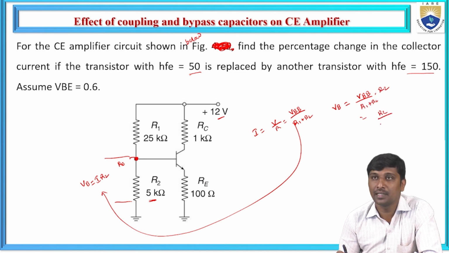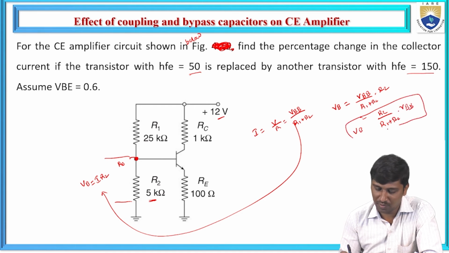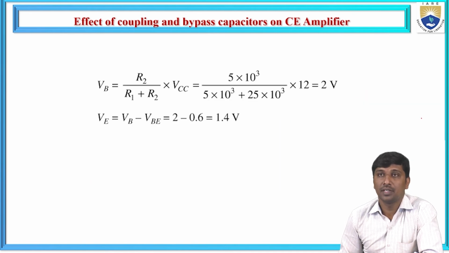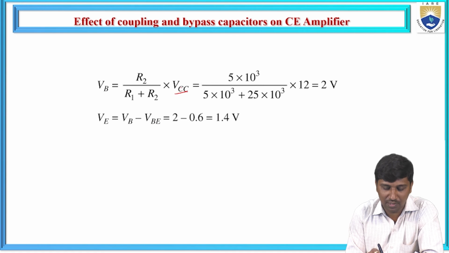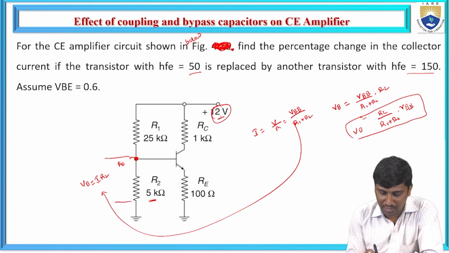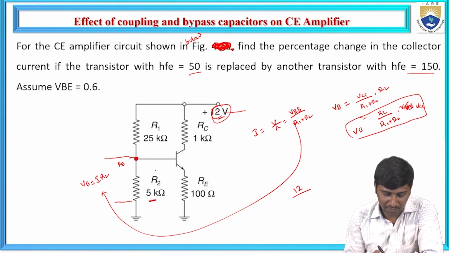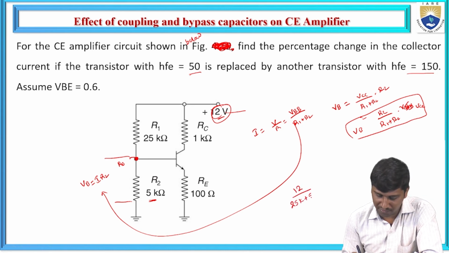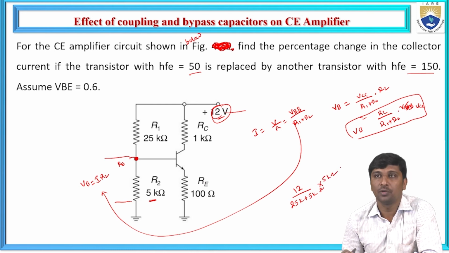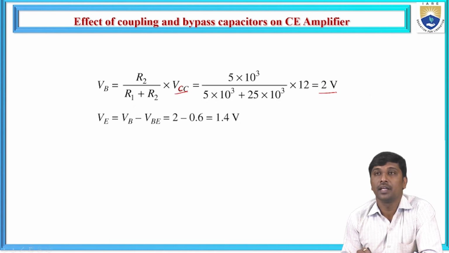Hence, VB is R2 by (R1 plus R2) times VBB, and you can take VBB as VCC. So that is 12 divided by (25 kilo ohms plus 5 kilo ohms), into 5 kilo ohms. That gives 2 volts, so the voltage across the base is 2 volts.